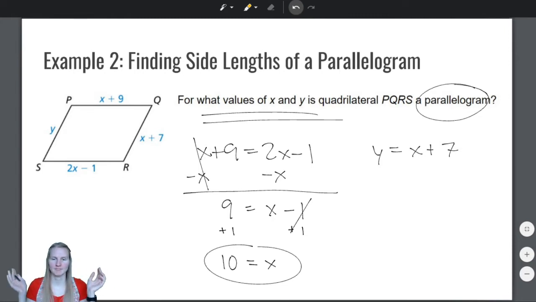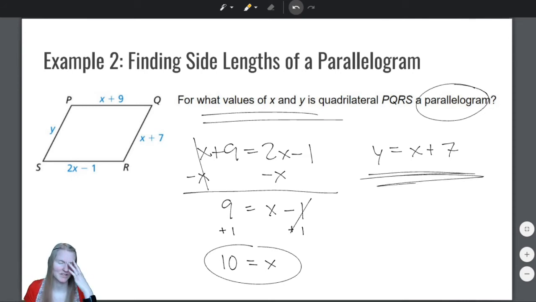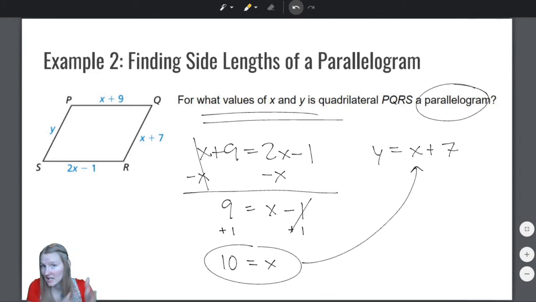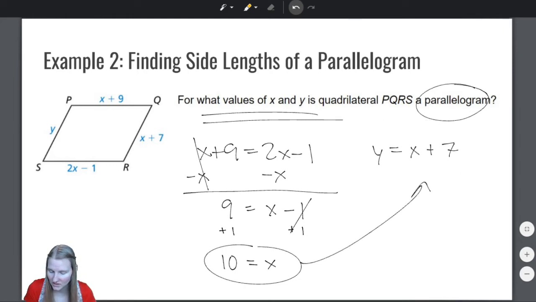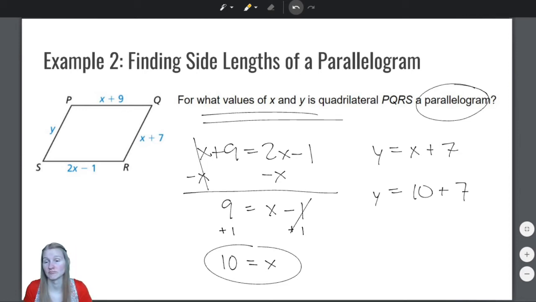Awesome. There we go. I know what x should be. Now, y equals x plus 7. I don't totally know how to solve this without plugging x in. So I know what x is. I don't need to try to solve it this way. I can plug x in and say, oh, y is equal to 10 plus 7.